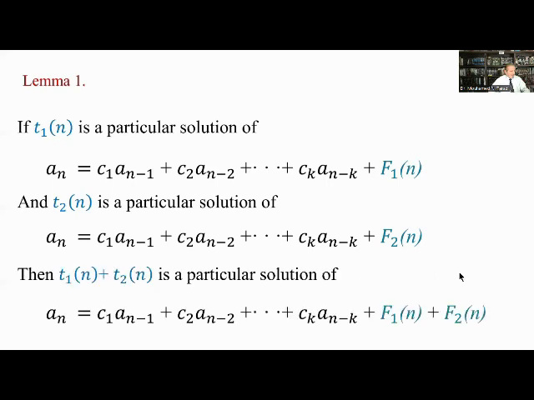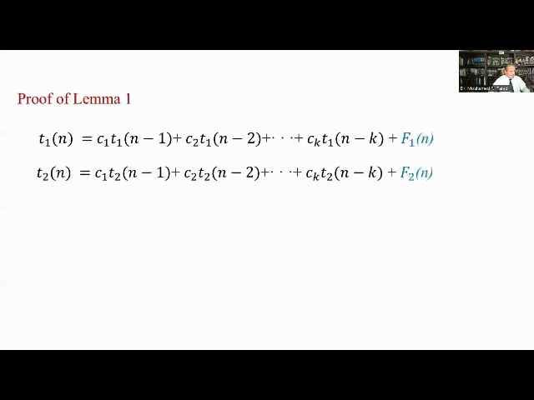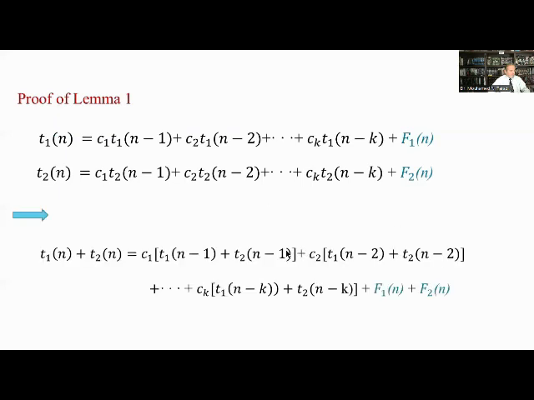So if you add them, you will have a particular solution of this. Okay, and that's a very useful result that we need to use. How to prove this is very simple. You substitute T1n, T2n, add them, and you find that they are a solution to the addition of the two non-homogeneous recurrence relations.